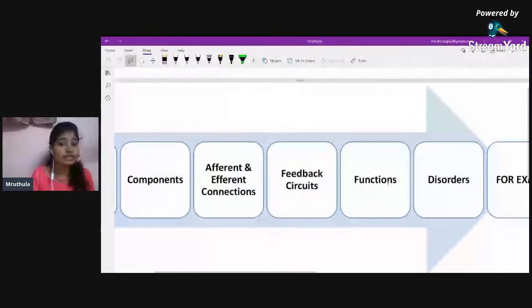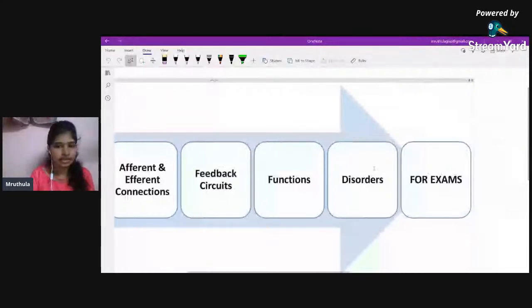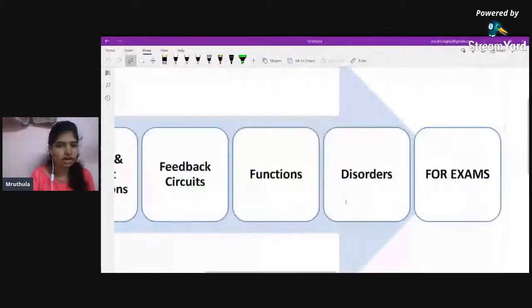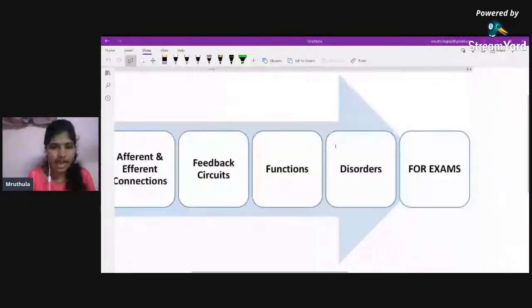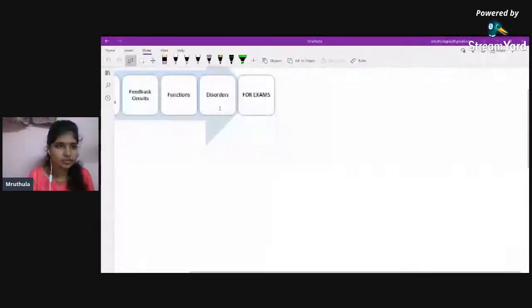This is the most important and interesting part also. So apart from car driving and the tiger trying to catch you, there are also many other functions that will be interesting for you. Then we'll see disorders which might occur, like Parkinson's. Finally, we'll have a little revision and we'll see what's important for your exams also.